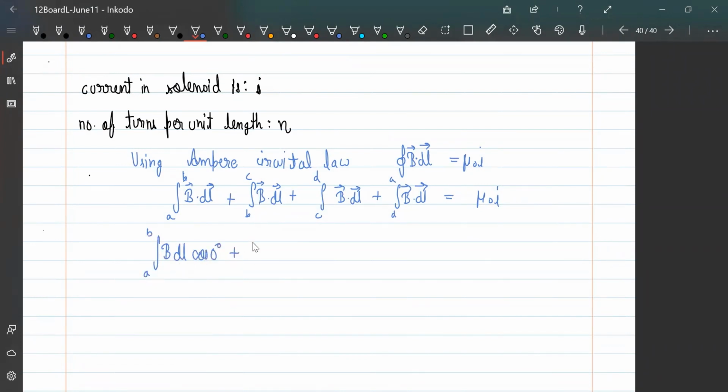For B to C it will be B dl cos 90, so it will be 0. Then for C to D, again, outside there is no magnetic field, so 0 into dl. And for D to A again it will be B dl cos 90. This is mu naught I.